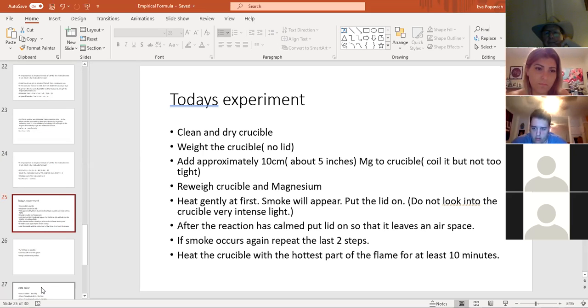You have it right in front of you. You've weighed the dry crucible, you put the magnesium in the crucible and you reweighed it. Guys, how do you get the weight of the magnesium? You subtract what you got from what you started with.